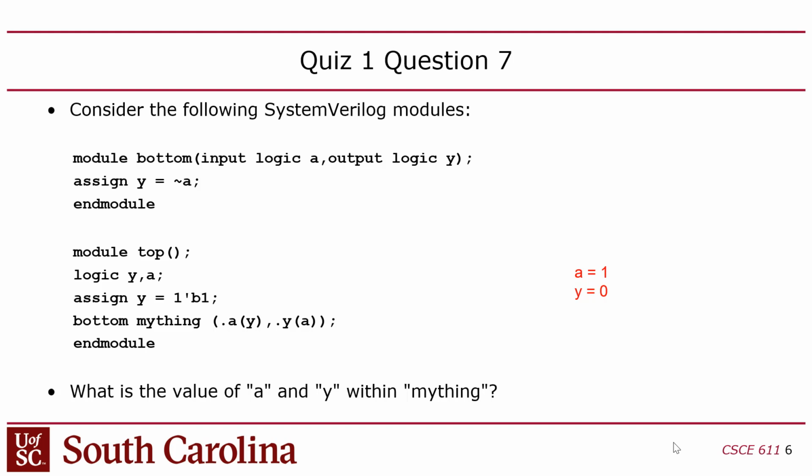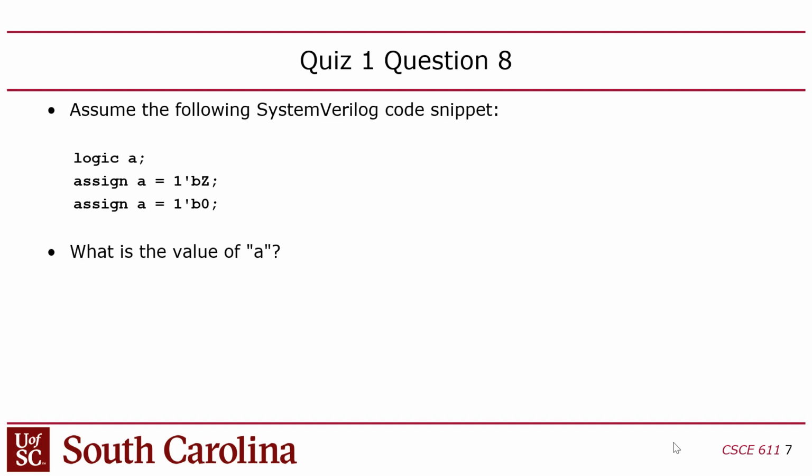But those Ys are not the same signal. However, the Y signal in top is the same as the A signal in bottom. So those are shorted. Those are the same signal, but they have different names. Make sense?